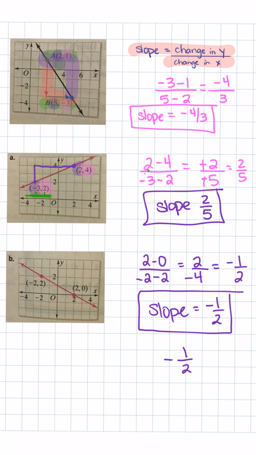It doesn't really matter, but so it goes down 1 over 2. Rise over run. Rise goes down 1, run goes over 2. So see how it just connects the lines right here. Very good.